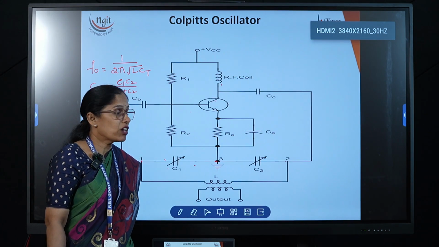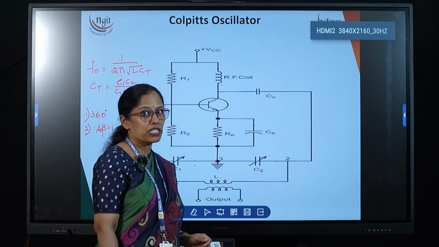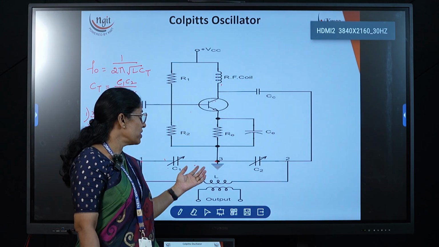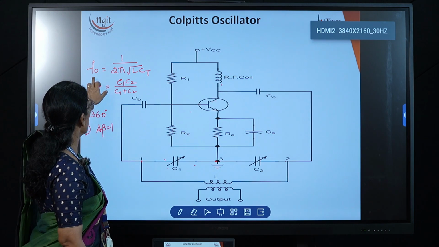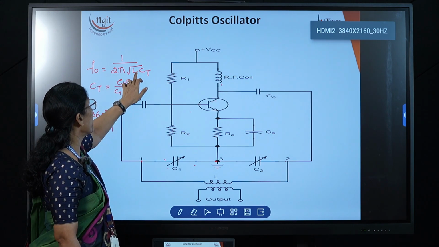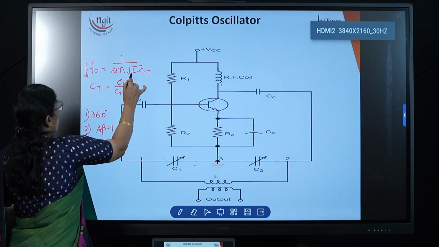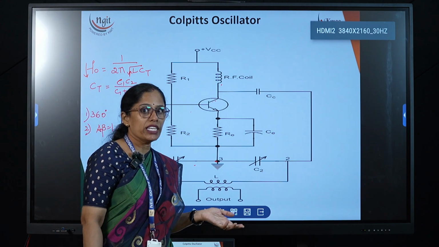Again this Colpitts oscillator is also used to generate the high frequency signals, but by using this we can't generate the low frequency signals. Why? Because f is equal to 1 divided by 2 pi root LC. Now if the frequency reduces, then the inductor value increases, thereby the overall circuit size increases.